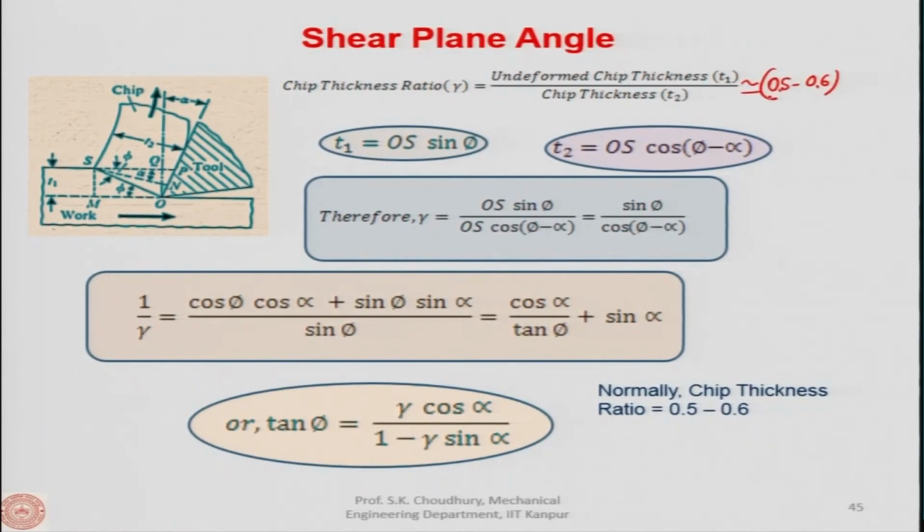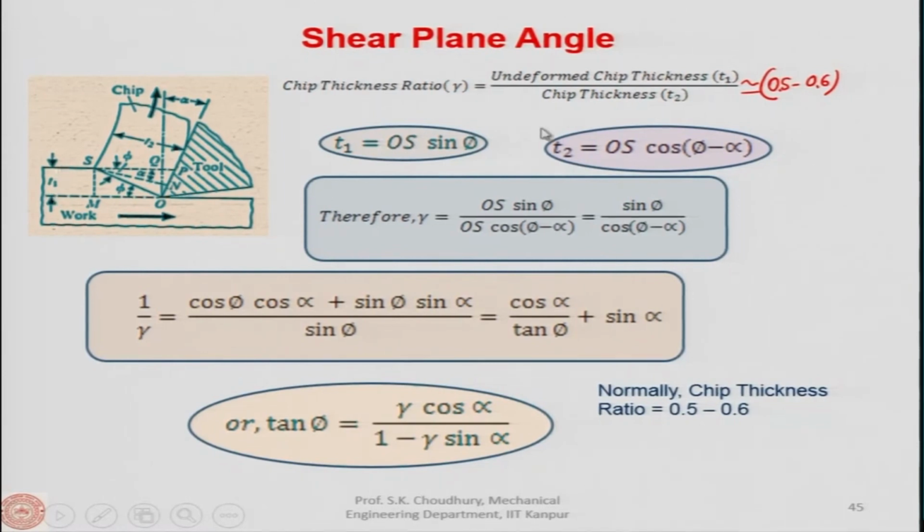So, the conclusion is that after the plastic deformation takes place along the OS, that is the shear plane, the material which goes after this shear plane is already plastically deformed, and since the ratio is 0.5, 0.6, the chip is expanded by 50 to 60% relative to the uncut thickness.